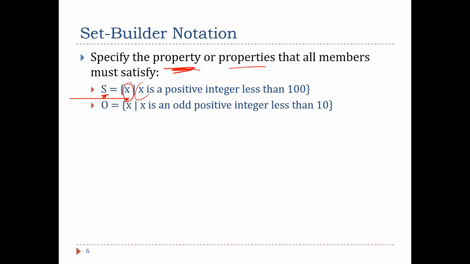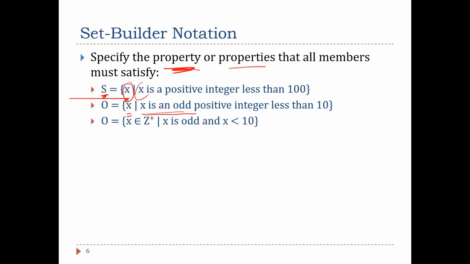Another example, we can define O to be the set of elements X, typically integers X, such that X are odd positive integers less than 10.